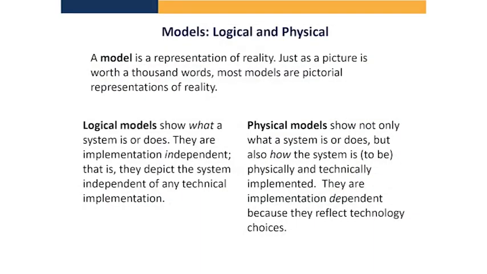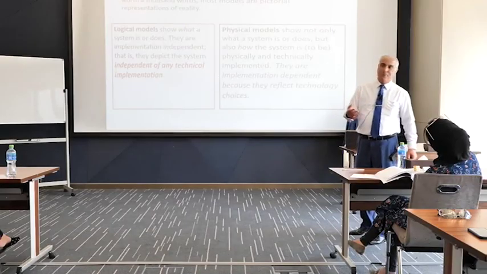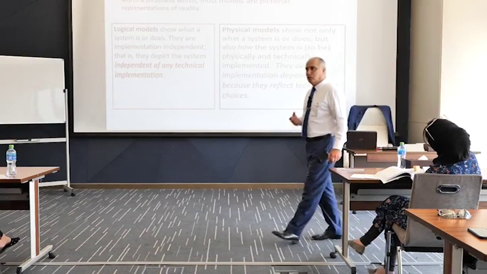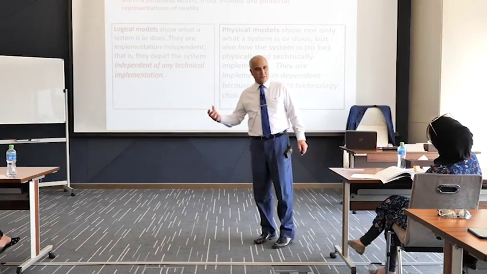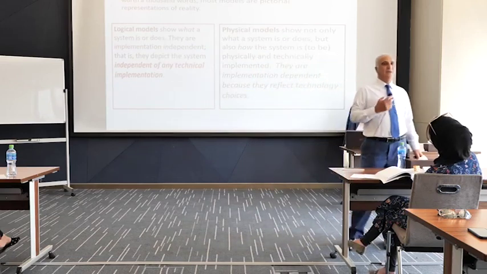From the planning and the analysis in the system development life cycle, we understand what we need to do, we understand the requirements, and then we create what we call a model. A logical model shows the processes, the flow of data, and the external entities.